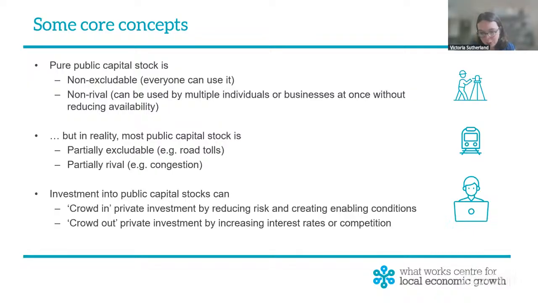So these are important characteristics of public goods, but what we know is that they're often not true in practice. A lot of public investment is into things that are only partially excludable or partially rival, or partially non-excludable, partially non-rival, depending on which way you want to think about it. The easiest example is roads. In the main in this country they're non-excludable, so anyone can use the road.